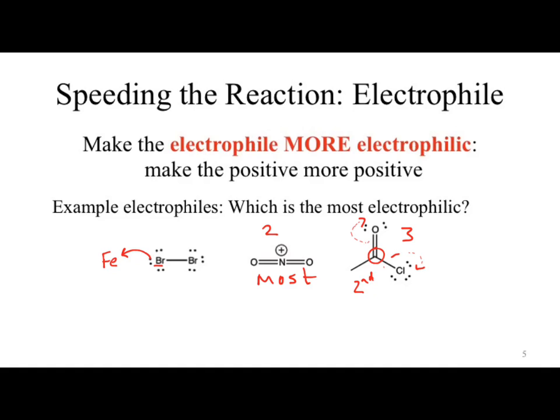How many bonds does it have now? 2. So what ends up happening to the bond? Those electrons go towards our bromine. What happens to this bromine? It becomes positive. It becomes positively charged, because I've pulled the electron density away from that bond.